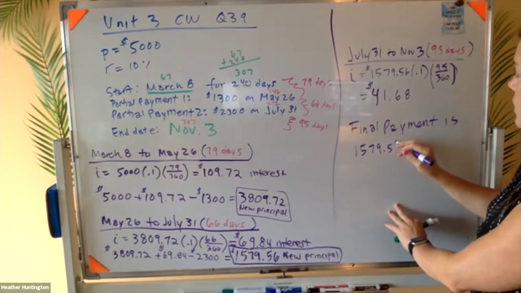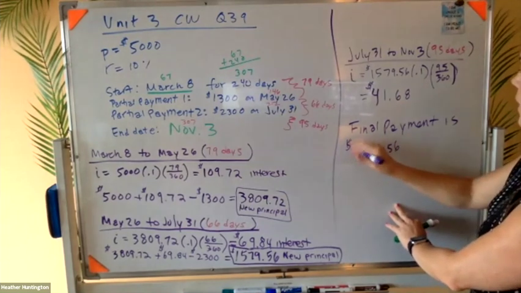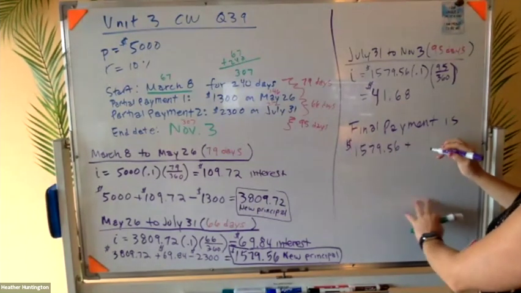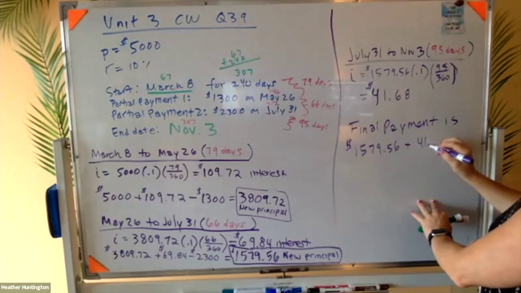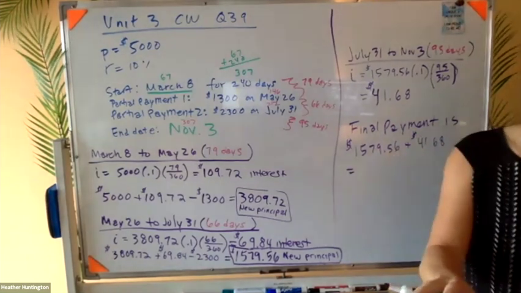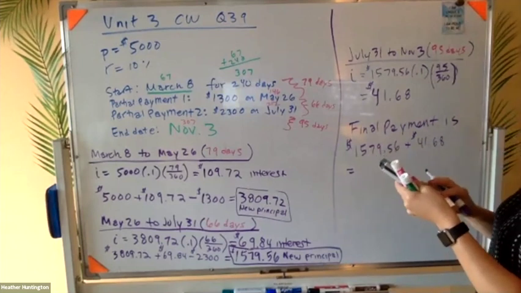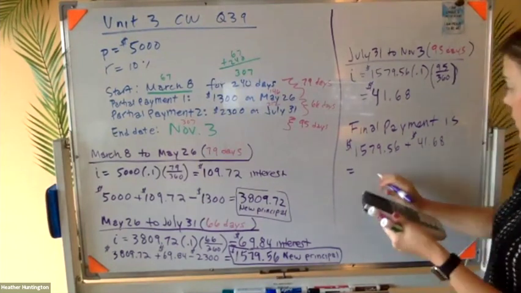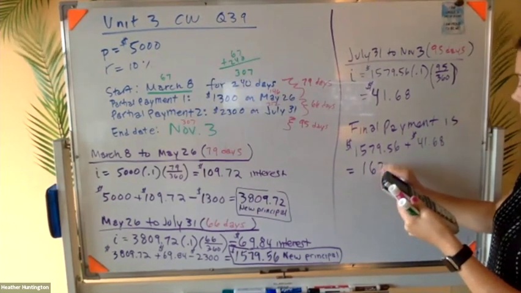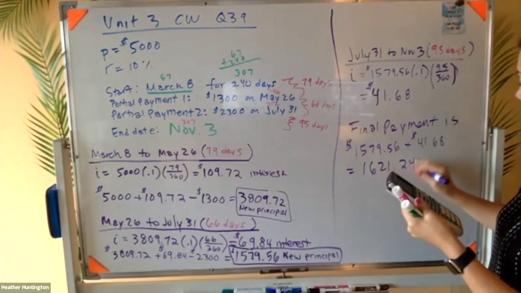That's what is left that we owe, plus the interest in that time period. So it looks like it's $1,621.24.